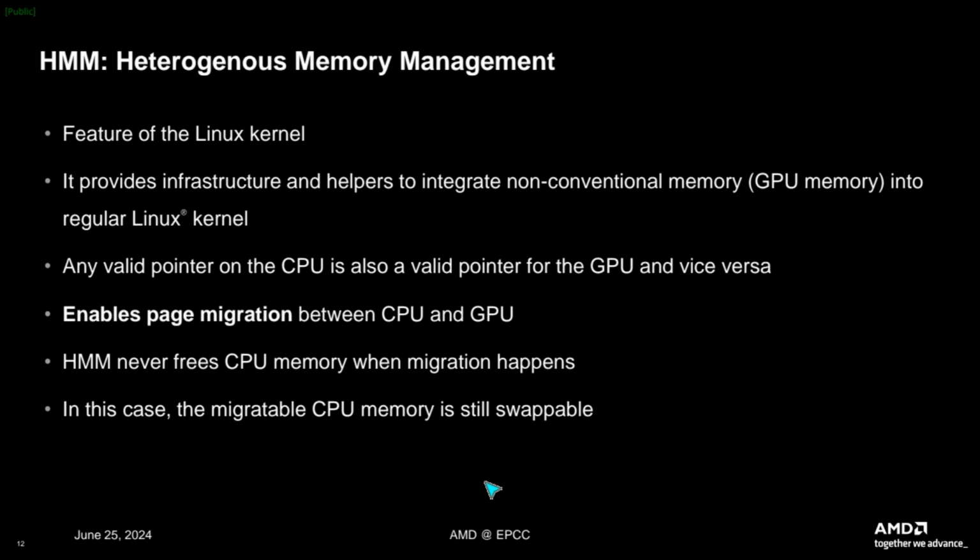So it allows you to intercept that page fault, do this page migration, and there are a lot of key details behind it, but for the most part, the application developer doesn't have to worry about where the memory is for their application.